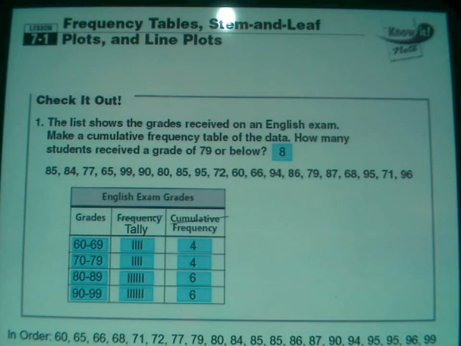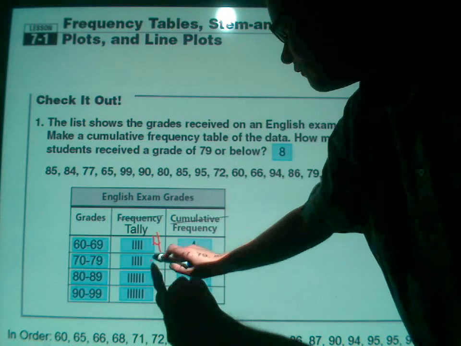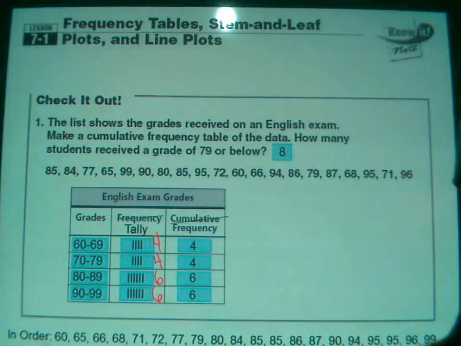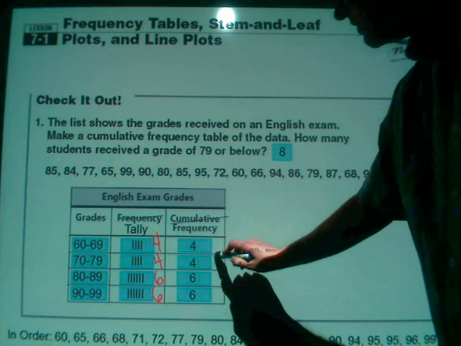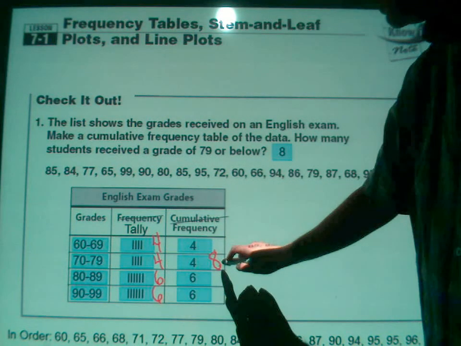If you wanted to do a cumulative frequency table, which is what they're going to ask you to do in the homework, remember the difference from what you see on the screen is over here I'm going to have these numbers instead, my 4 and 4 and 6 and 6, and then what I'm going to have over here is a summation instead. So yes, this first one will still be 4, but the second one would instead say 8, because this box and this box adds up to 8.